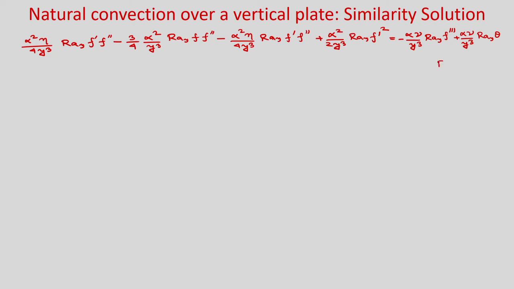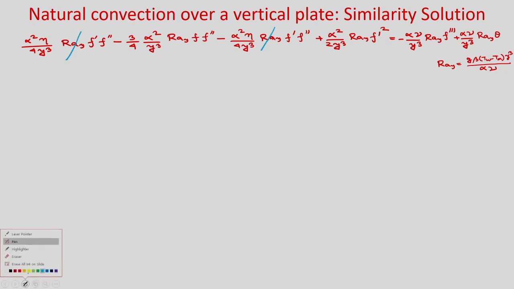You see Rayleigh number is your g beta T w minus T infinity y cube by alpha nu, right. So, alpha nu we have multiplied in the numerator and y cube we have divided. Okay. So, now you can see these two terms will get cancelled, this term and this term.